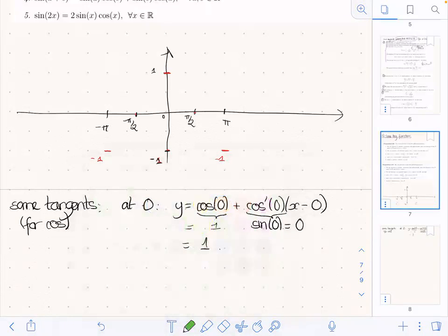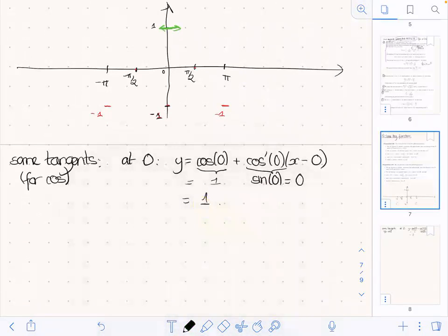So the tangent is simply a constant function equal to 1. I think this graph is going to get a bit messy, but you get basically a horizontal tangent like this. And using similar reasoning, you can prove that at pi and minus pi, you'll get y equal to -1.